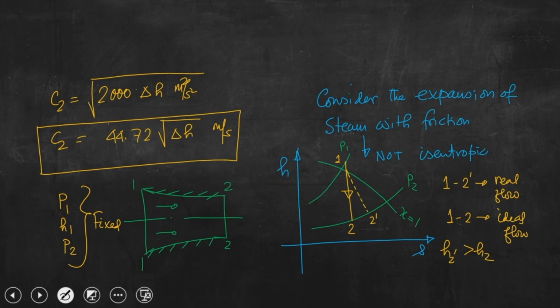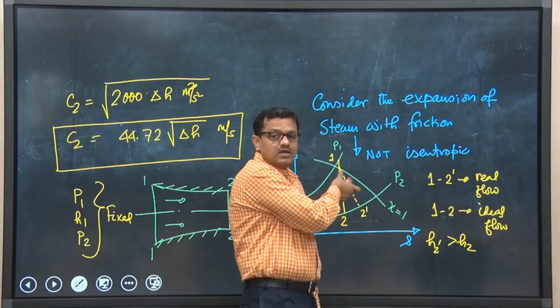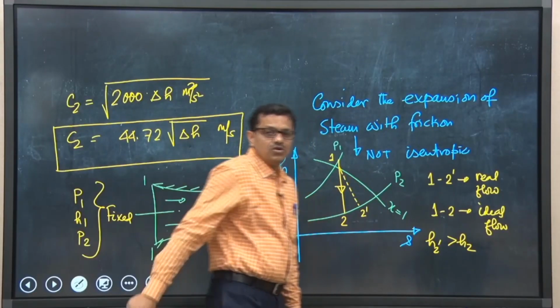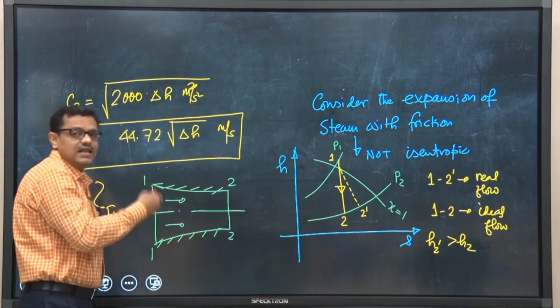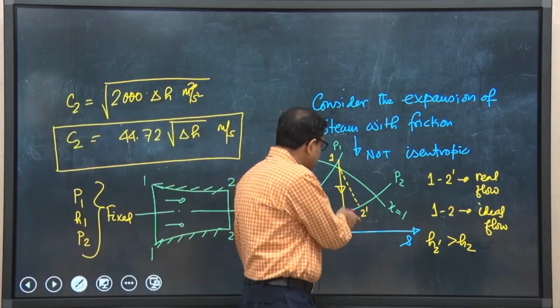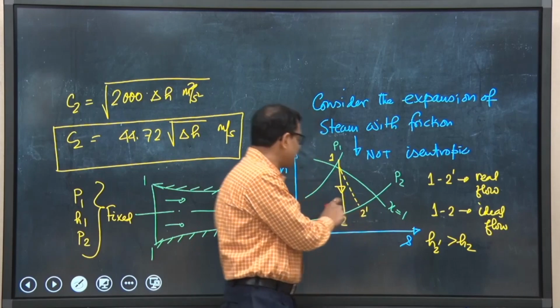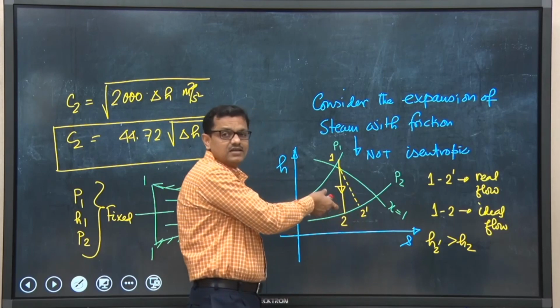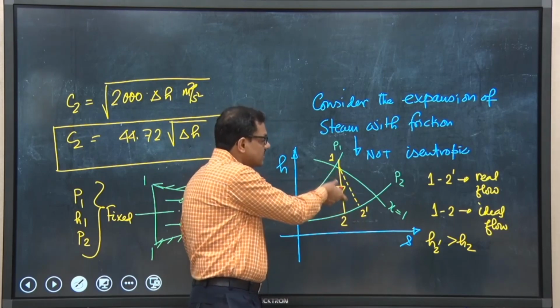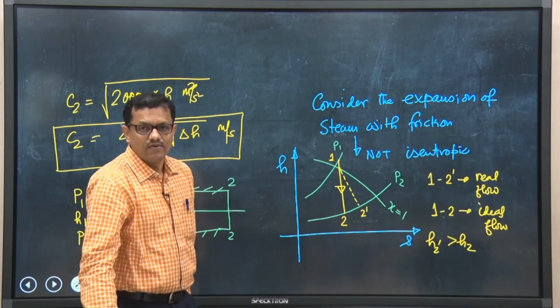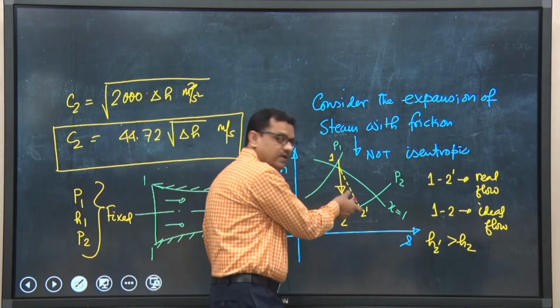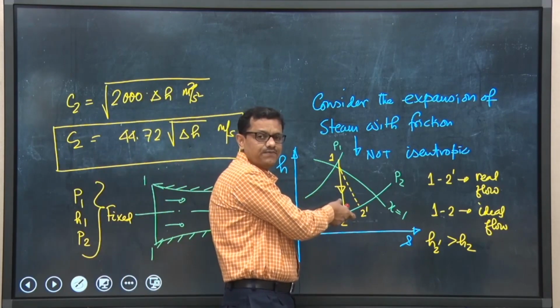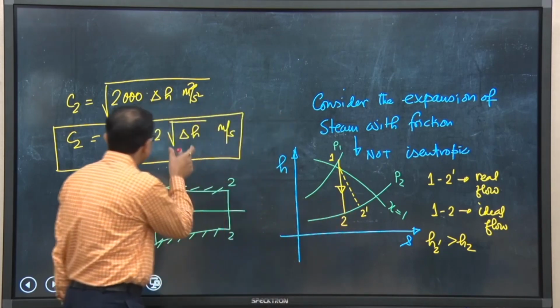When someone is designing the nozzle, he or she knows this pressure drop and also knows the enthalpy at the inlet. Then we can see that the actual enthalpy drop, H1 minus H2 prime, is lesser than the enthalpy drop due to ideal flow. So, the actual enthalpy drop is lesser than the ideal enthalpy drop.